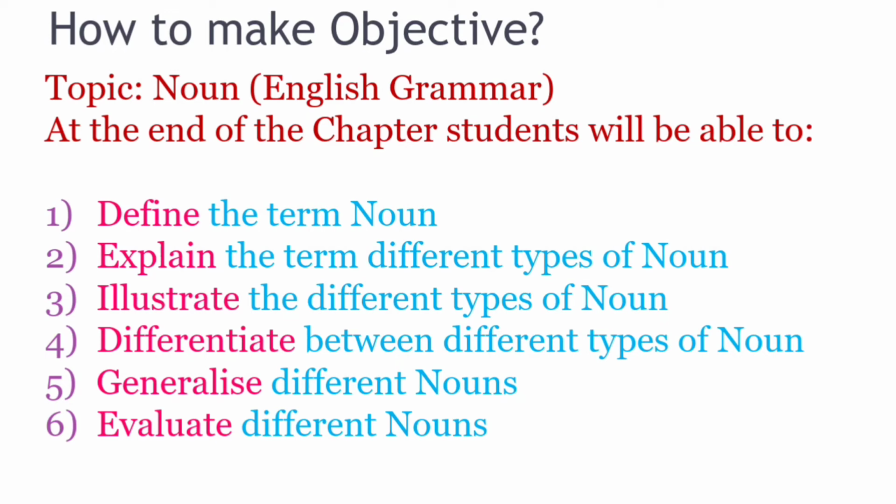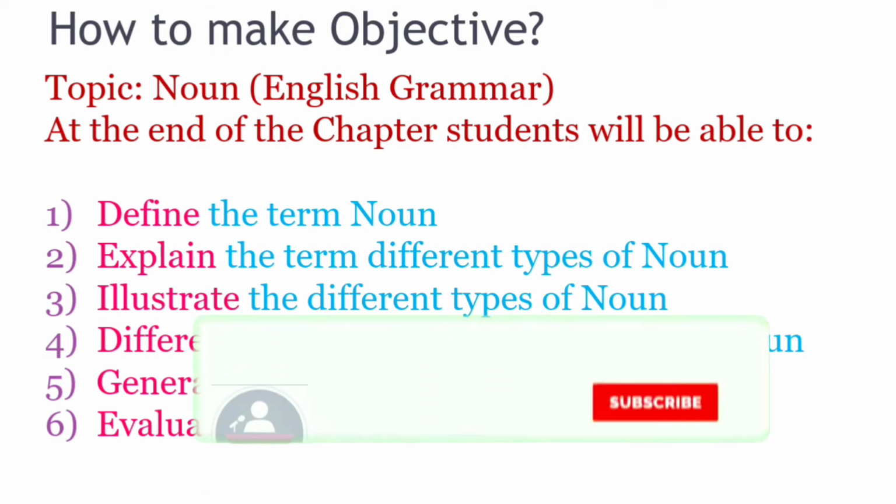Next is differentiate between different types of noun. So this is related with your analysis component, and here the division of content into its elements will be done. Here the content will be divided into different parts on the basis of the relationship of two contents, on the basis of their principle.